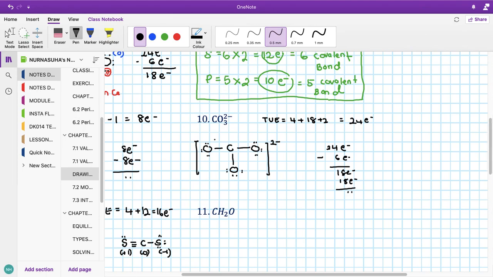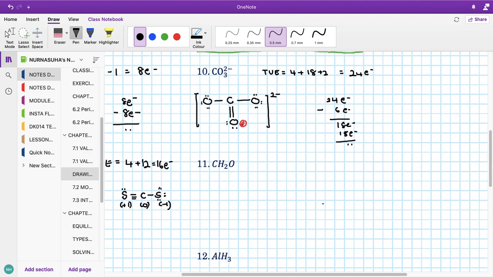So next, it is obvious over here, carbon is not octet. So we take another one lone pair here, mana-mana je. And we form double bond. Barulah semua atom octet. This one negative 1, this one negative 1.